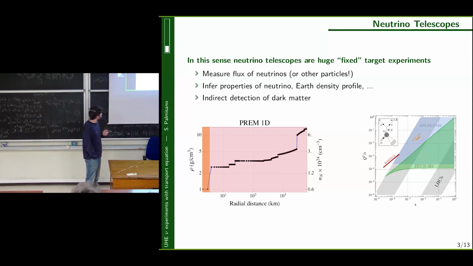And it can be used for a variety of targets. For example, mostly to measure the flux of neutrinos or any other particle, or even infer properties of neutrino interactions, the Earth density profile, and whatnot.